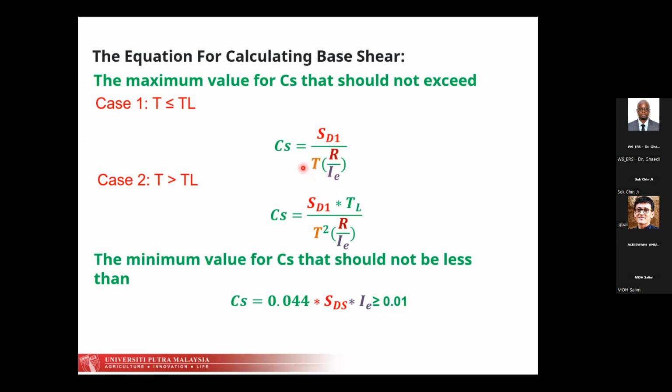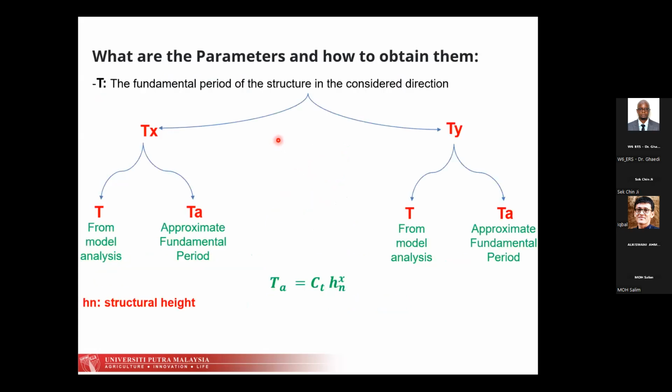The last parameter to consider is T. What is T? It's a parameter referring to the fundamental period of the structure.